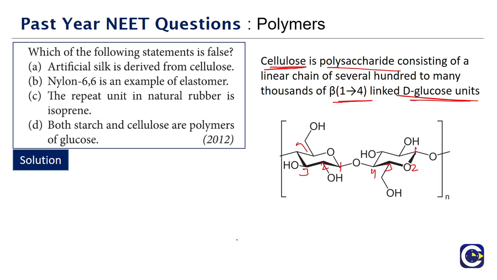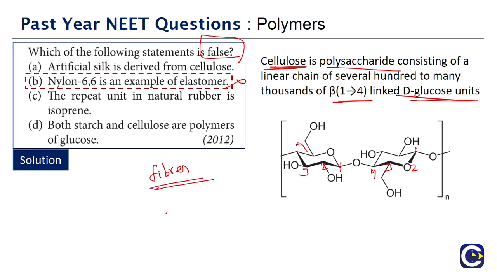So 1,4 bonding will be there between these D-glucose units. That is about the monomers of both cellulose and starch. So in these 4 options, the incorrect or false one is what we are looking for. It is option B, because they are saying nylon 66 is an elastomer. It is not an elastomer, it is a fiber. Nylons and rayons are examples of fibers.